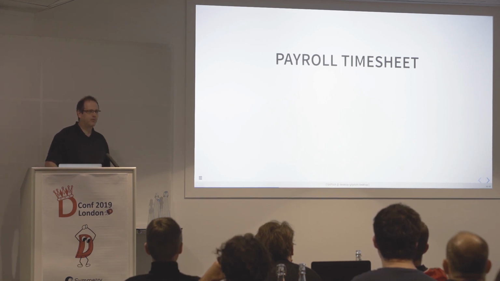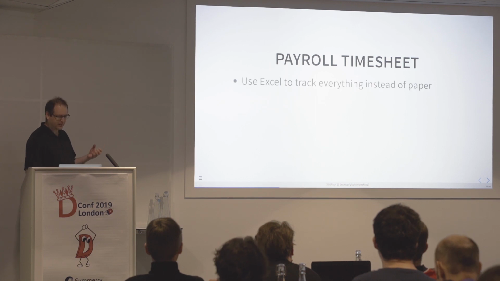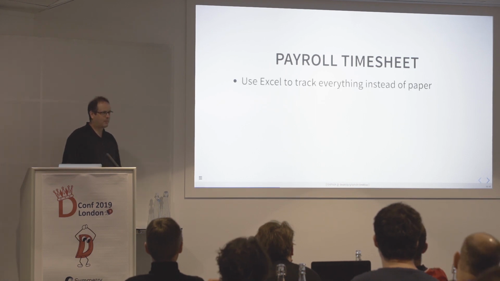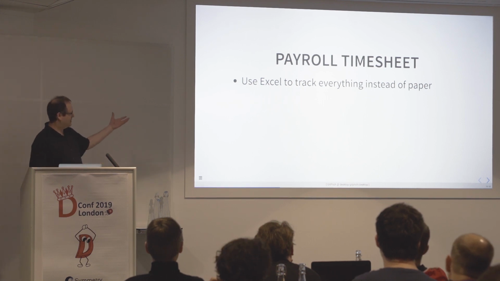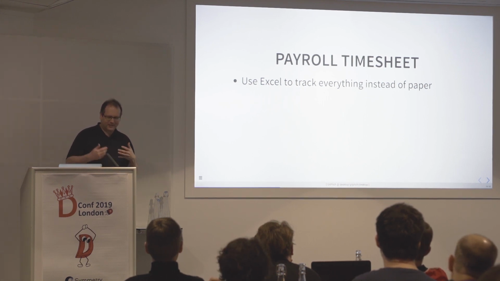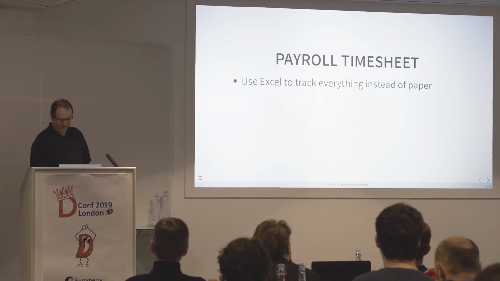So, Robert is going to hate me for saying this, but the payroll timesheet I replaced with an Excel spreadsheet. Excel spreadsheet was an easy thing to do. Didn't have to write a whole program for it. And Excel is actually pretty good at tabulating a bunch of data and adding things up in rows. So this is kind of what you're doing.